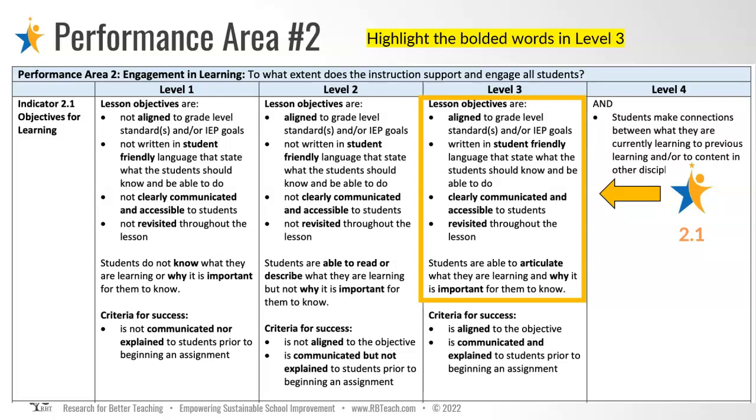We're looking for objectives that are aligned to standards, written in student-friendly language, clearly communicated and accessible, and revisited often throughout the lesson. Maybe at the end of the lesson, the teacher might say something like, okay, boys and girls, let's refer back to the things that we're learning today in your journals. Answer that question, or tell me what you learned about that objective today. And students are able to articulate it and tell why it's important to know it.